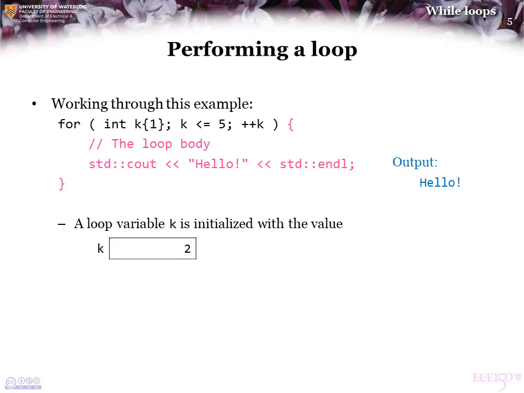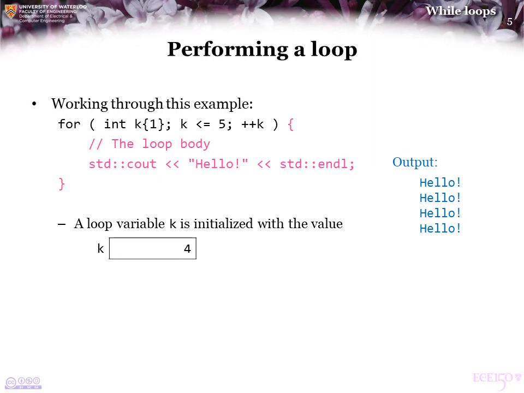We check the condition again. 2 is less than or equal to 5. Therefore, we execute the loop body. Having executed the loop body, we increment the value of k. 3 is less than or equal to 5. We execute the body. We update the value of k. 4 is less than or equal to 5.